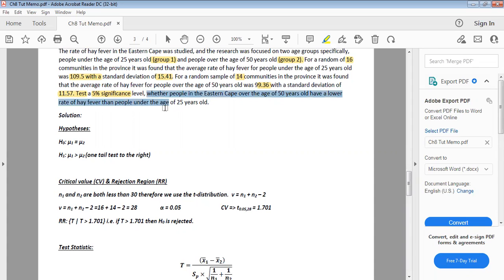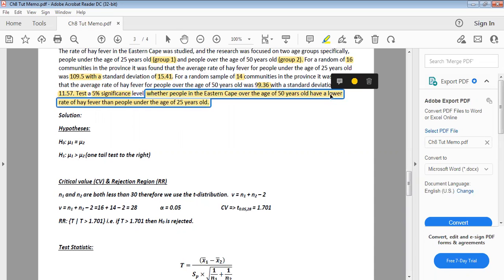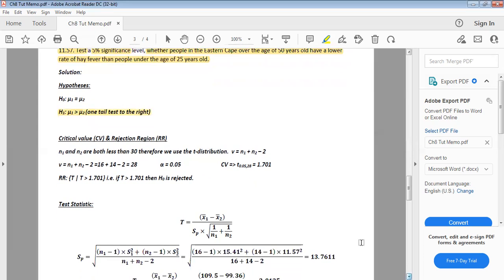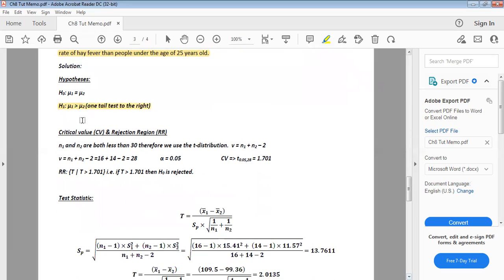So it's less than, meaning that the mean of the first group must be greater than the other one, because these ones have a lower rate. Remember, your alternative hypothesis is always what they want to find out. So that means it's a one-tailed test to the right.